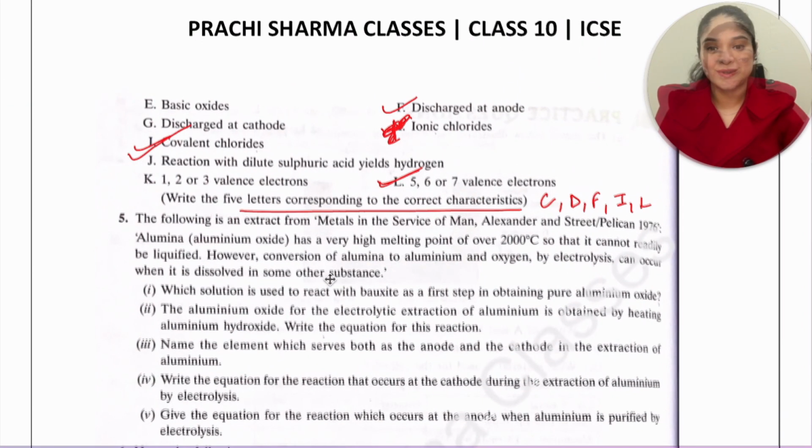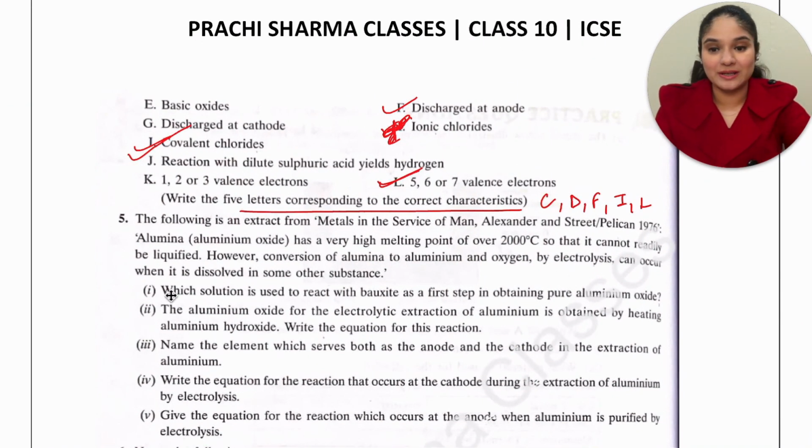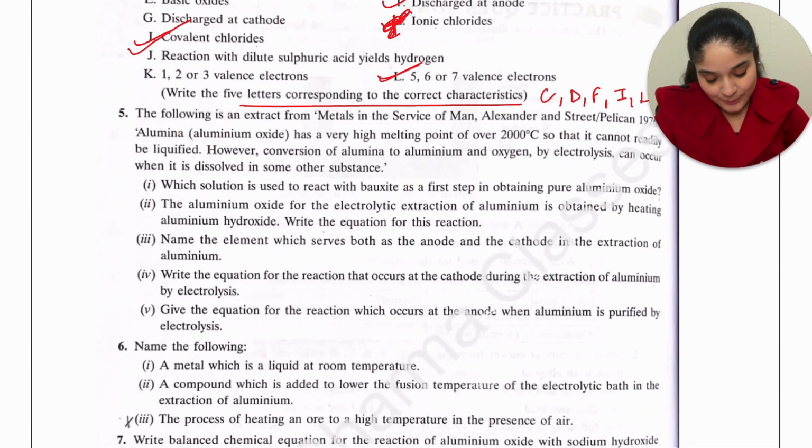Okay? Alright students, let's move on to question number 5. So question number 5 says, the following is an extract from Metal in the Service of Man, Alexander and Street, Palestine, 1976. They say, alumina has a very high melting point of over 2000 degrees Celsius so that it cannot readily be liquefied.